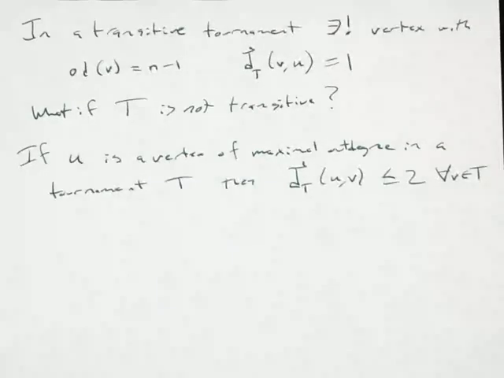It turns out that if you take the vertex of maximal out degree, it's never more than 2 steps away to any other vertex.